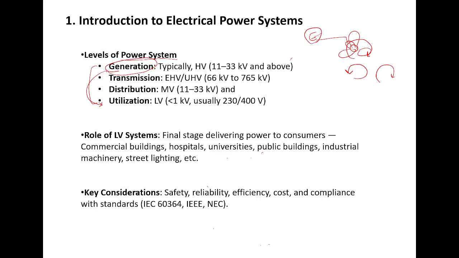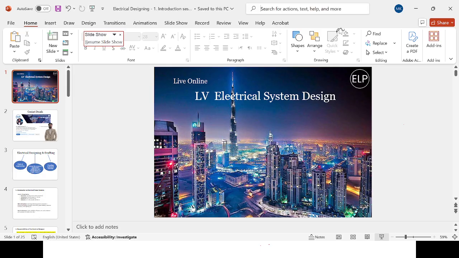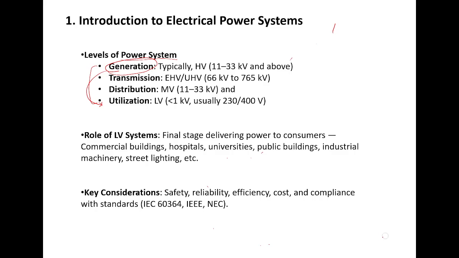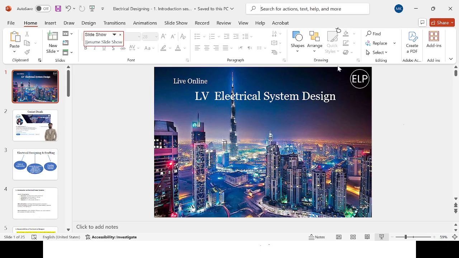And you already know generating stations are not very near to my home or every home. Generating stations are far away from my home. Let's suppose, in general, I can say 100 kilometers away from my home.